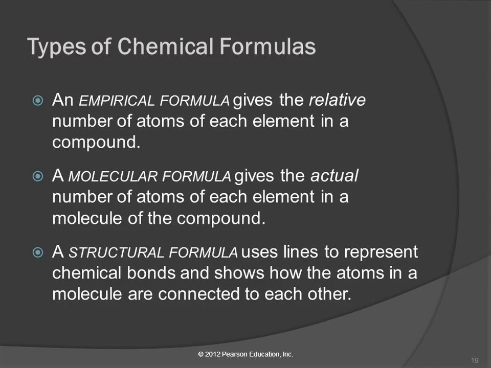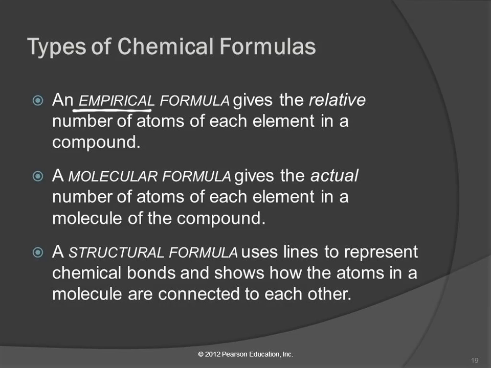There are different types of chemical formulas. One kind is an empirical formula, and we're going to talk more about these later. An empirical formula is determined by experimentation. In the lab, you do some experiments and you determine the formula, and it's always the relative numbers of atoms in a compound.